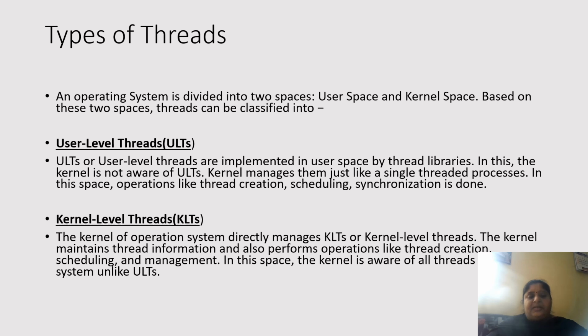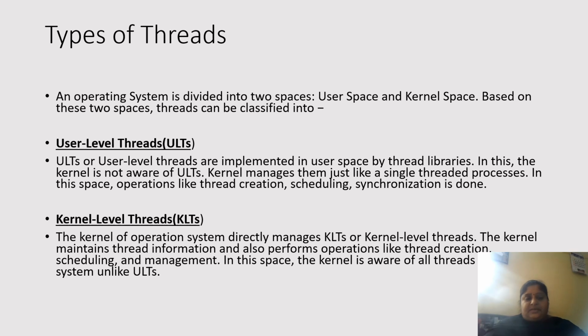In this, the kernel is not aware of ULTs, that is, the kernel is not aware of the user level threads. The kernel manages them just like a single threaded process. In user level threads, operations like creation, scheduling, and synchronization are done.